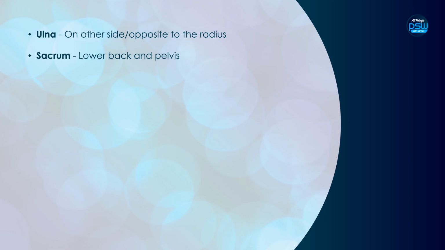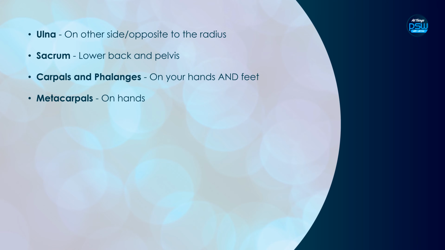The sacrum is the lower back and pelvis. And then of course you have the carpals and phalanges, and these are your hands and your feet. You need to know where they're located. So the metacarpals are on your hands, but a way that I remember the tarsals is the tar is for T, for toe. So I did highlight that.